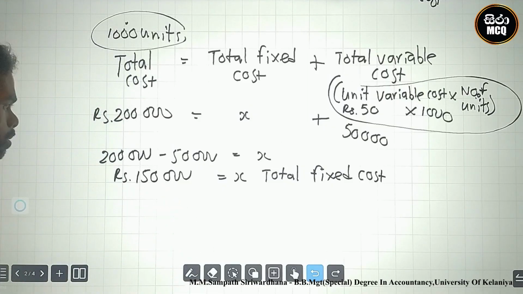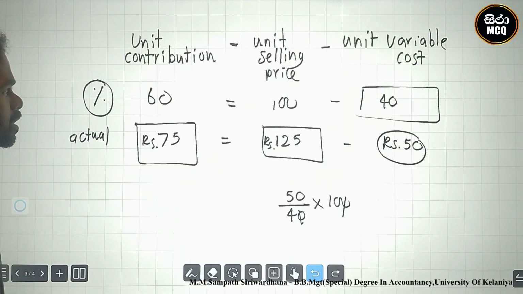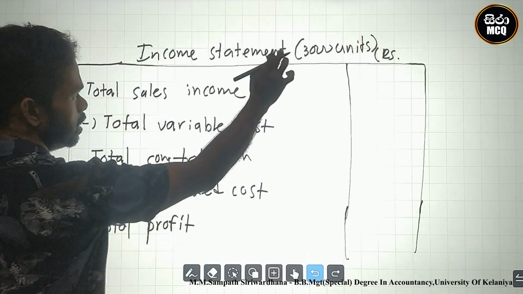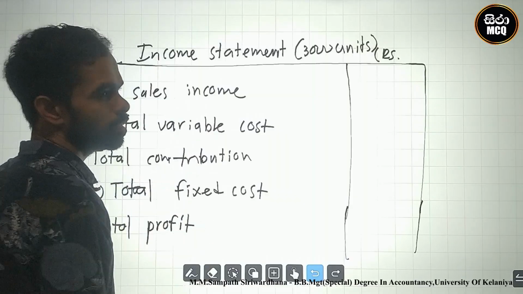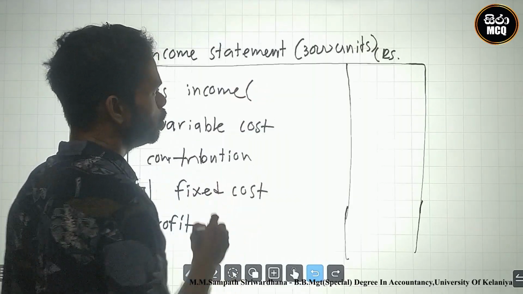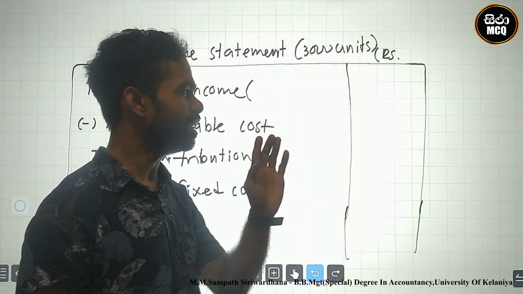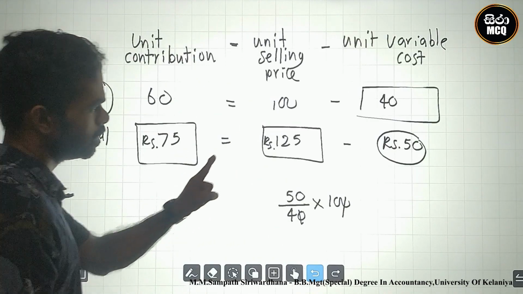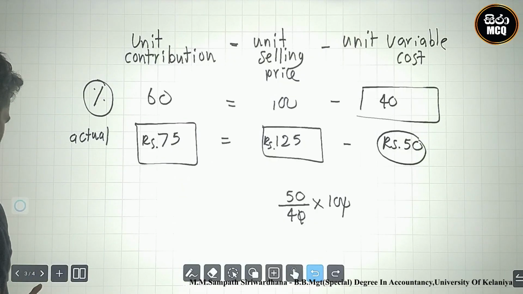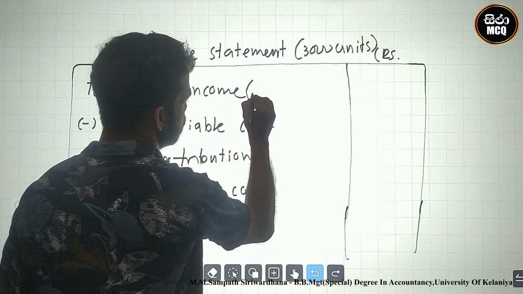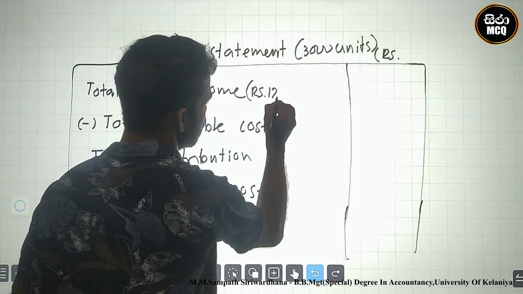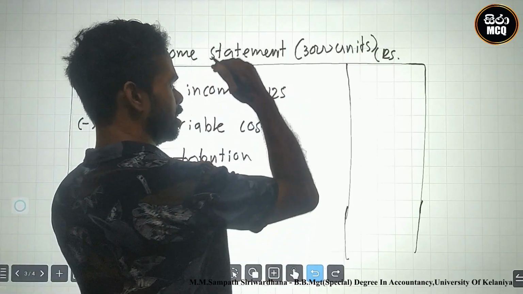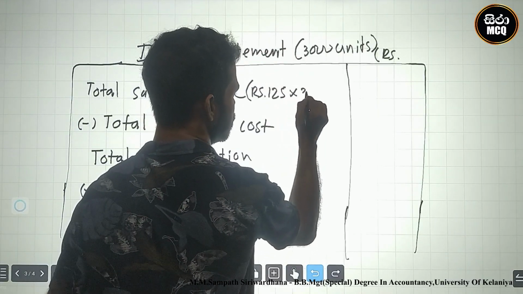Okay, let's go to our income statement. This is our income statement. How can we find the total sales income for 3000 units? We found the unit sale price, 125. The unit sales price is 125. We multiply by the number of units, 3000.